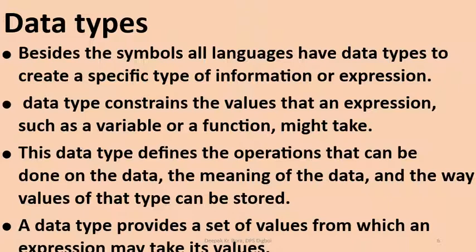A data type provides a set of values from which an expression may take its values. So data types are also very important for any given language, whether it is a natural language that we use or a computer language.